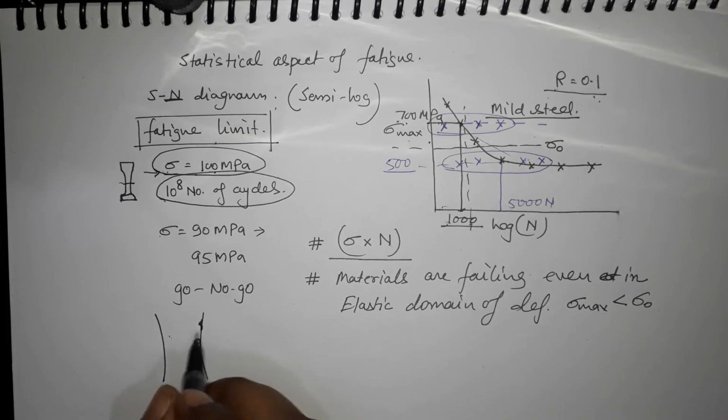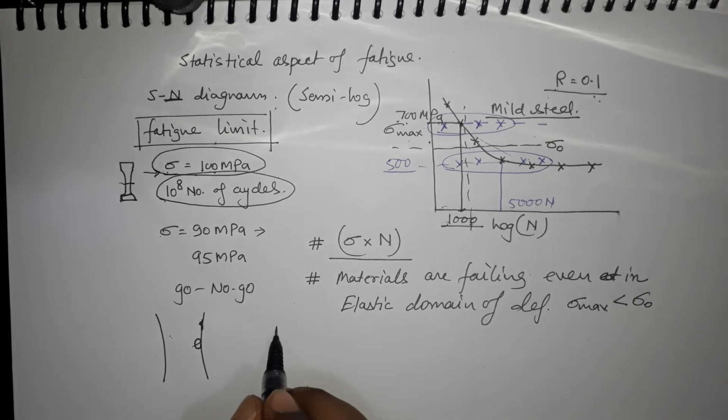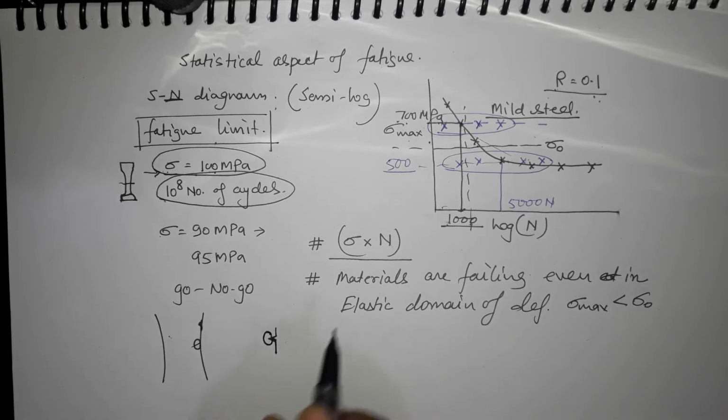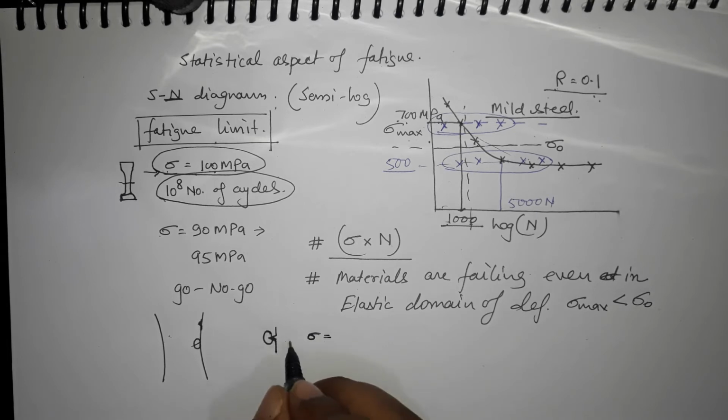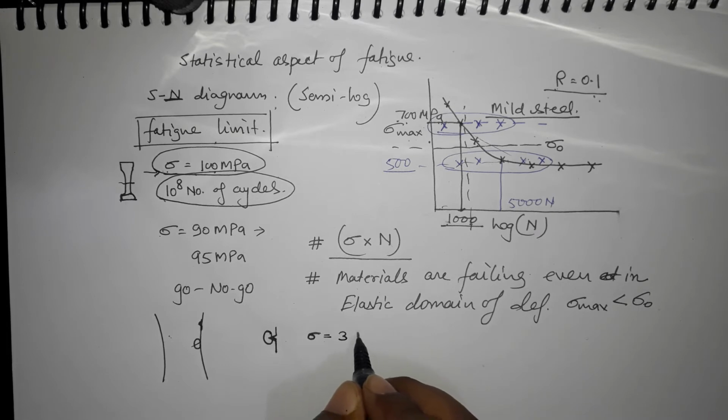So if you magnify that scratch, it may look like this, right? And we have seen in fracture mechanics that a crack tip, even if it is very shallow, will increase the stress intensity at the tip of this crack. And we have also seen in the chapter on fracture mechanics that whatever stress you have applied, for a circular hole, so even for a blunt scratch, the stresses can go at least 3 times higher than what you have applied.